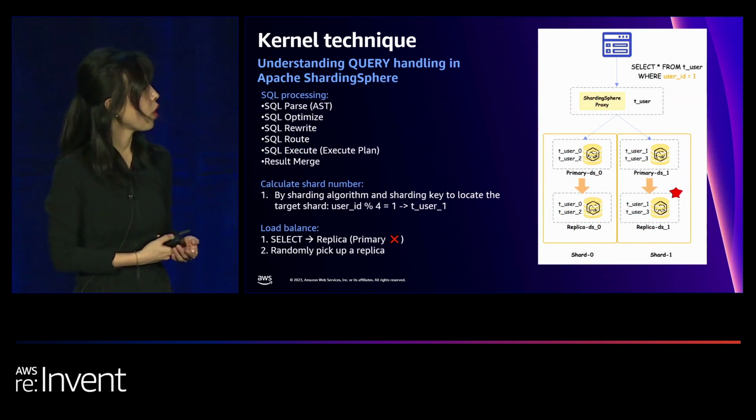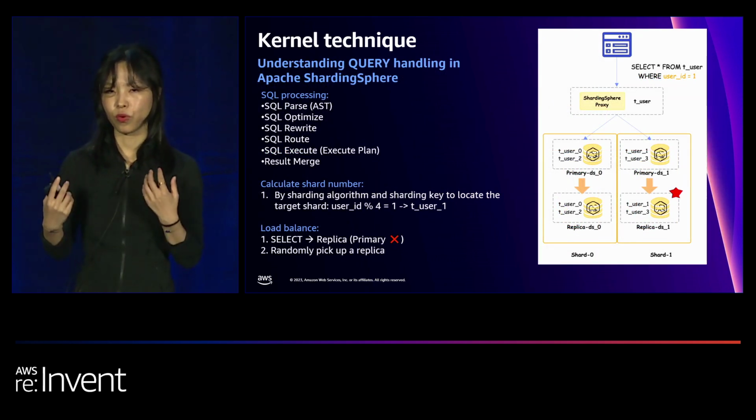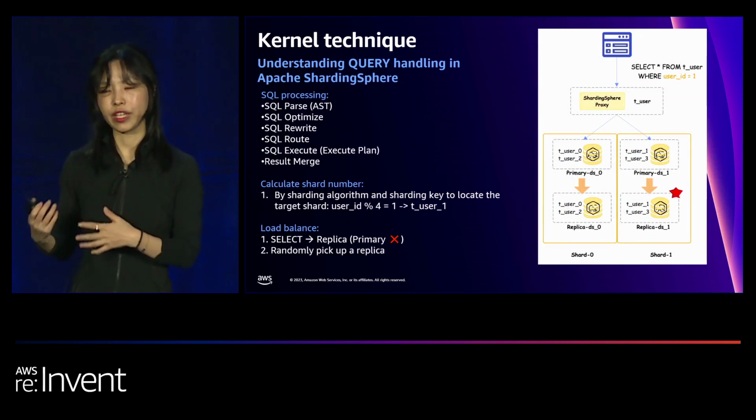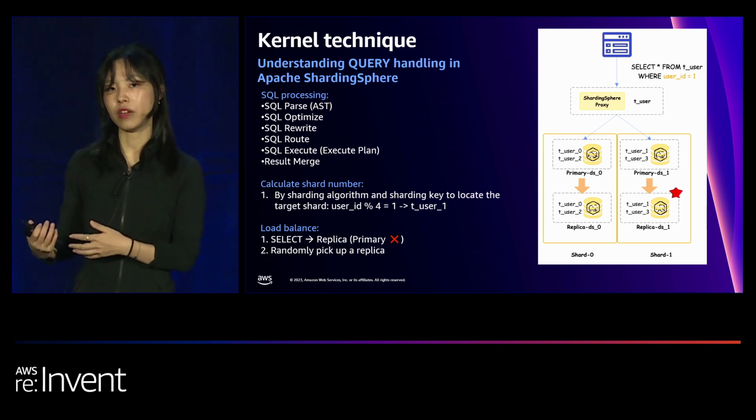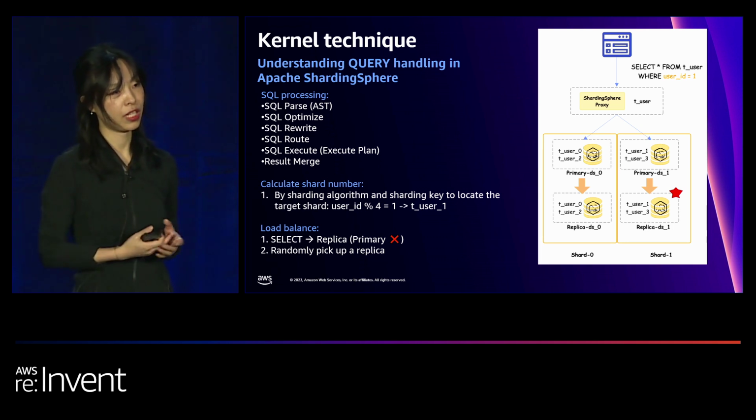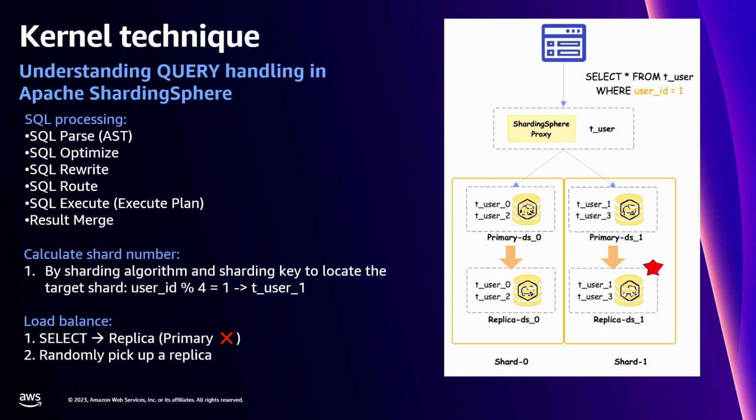And if we want to get something, or ask the database, please help me get some of the data from my whole database cluster. For example, here it's very simple. We just select star from T-user, and the condition is user ID equals 1.